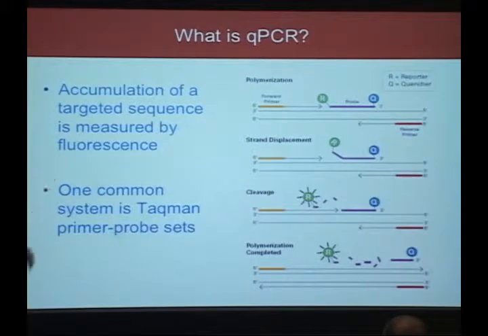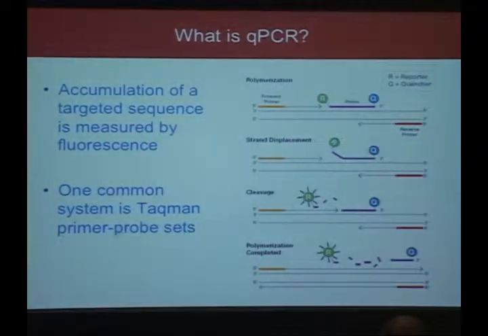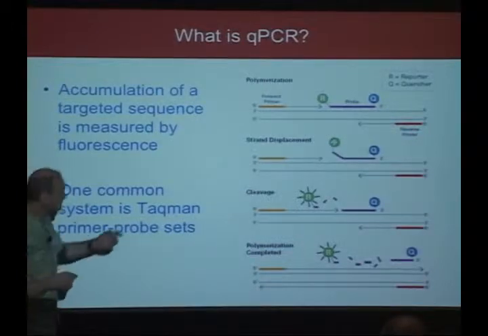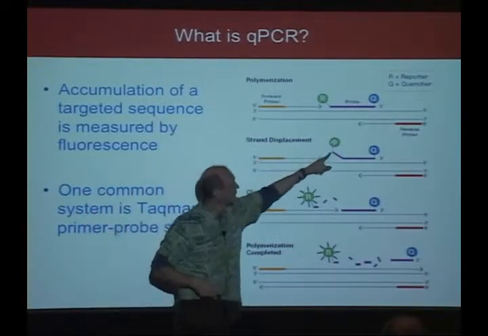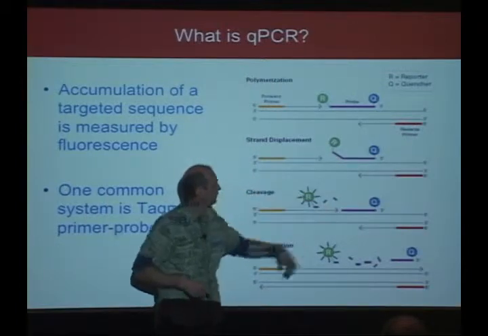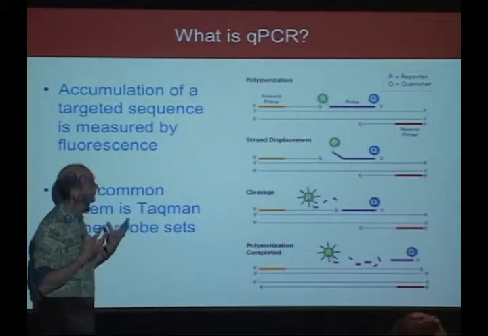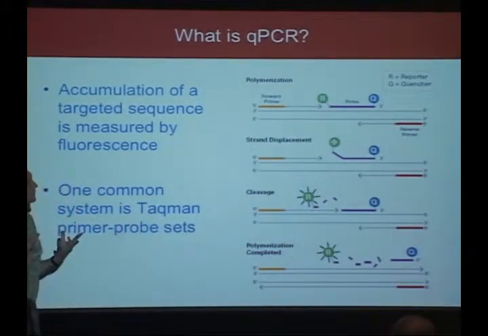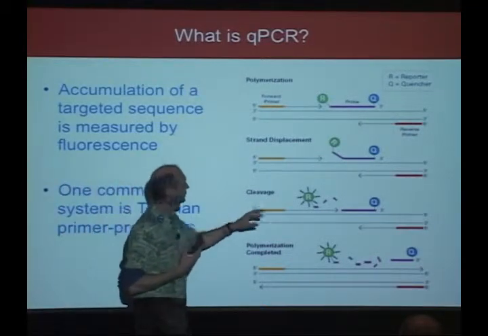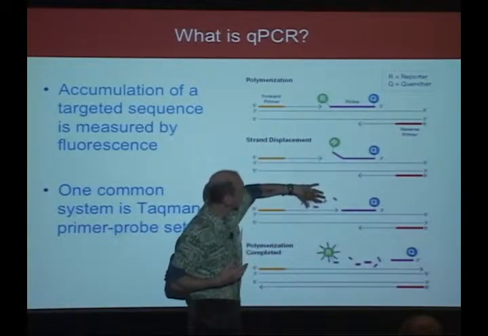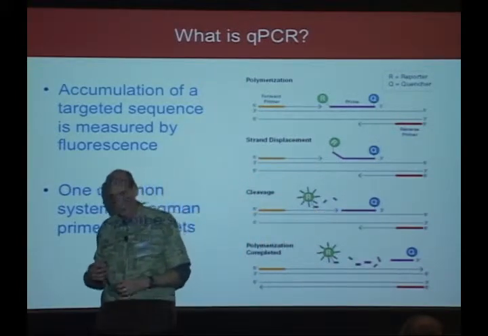So in the version that we use, the readout is fluorescence, and you measure the accumulation of the target sequence by the accumulation of fluorescence, and that works basically by displacement of this probe, which has a reporter and a quencher molecule attached to it. The most commonly marketed system for this is called TaqMan. And the way this works is that the reporter is fluorescent only when it is cleaved away from the quencher.